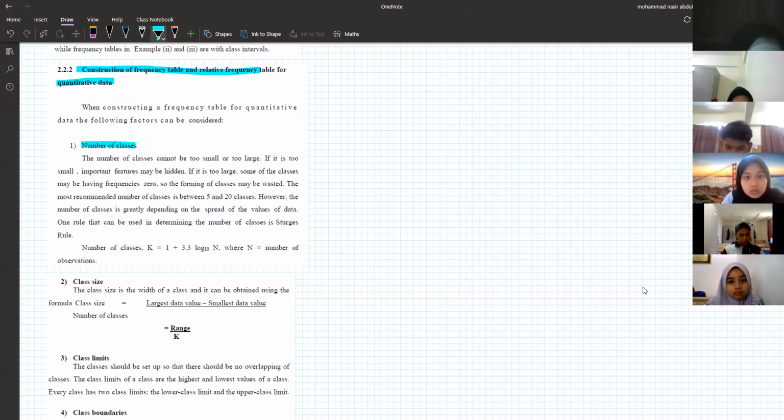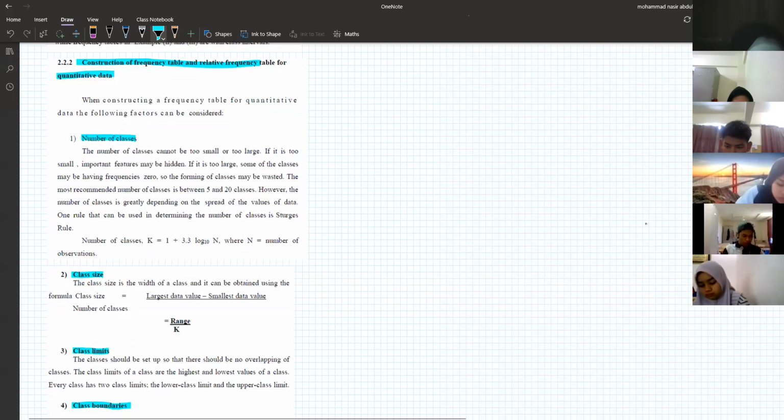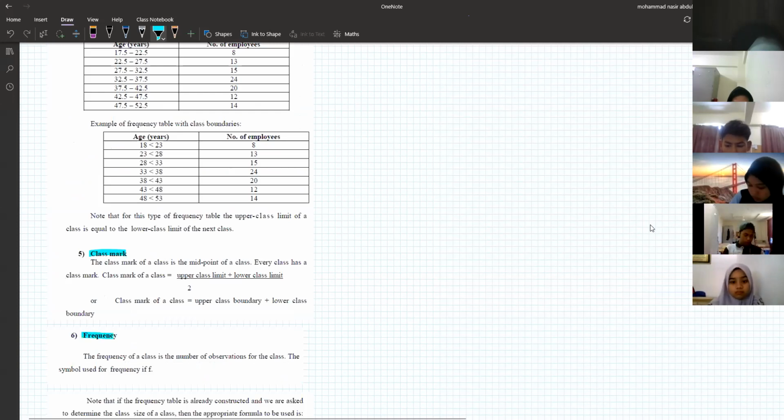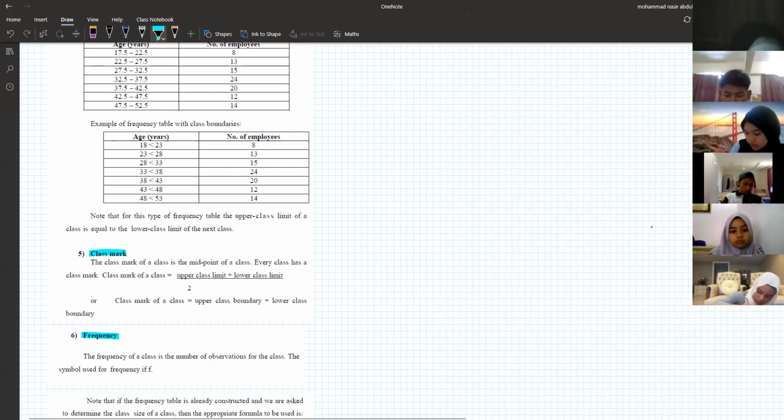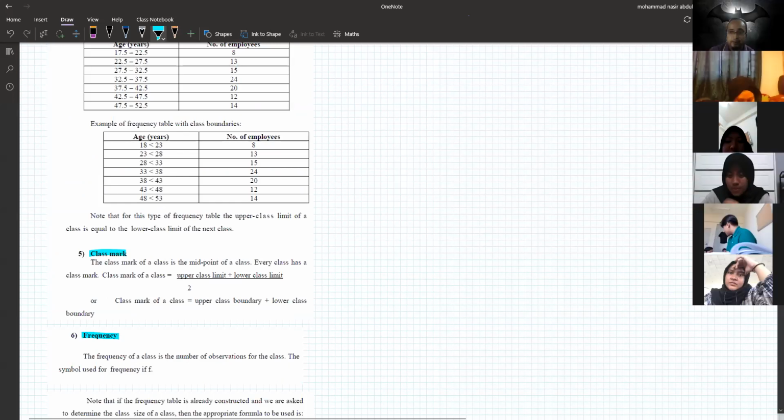First is number of class, class size, class limit, class boundary, and the last one is class mark and frequency. We have 6 elements that we need to consider for quantitative data, right? Are you clear with that one?